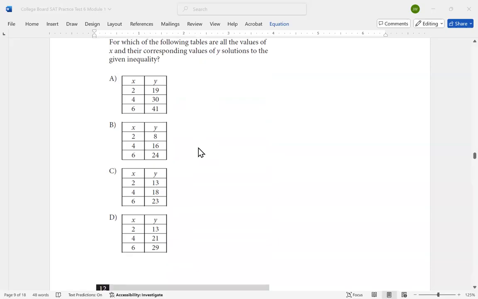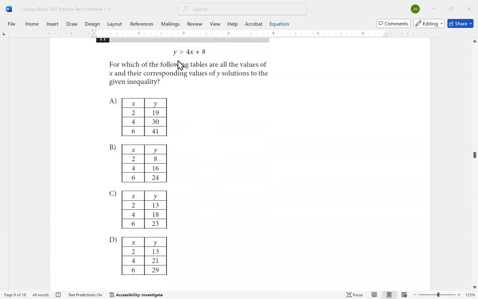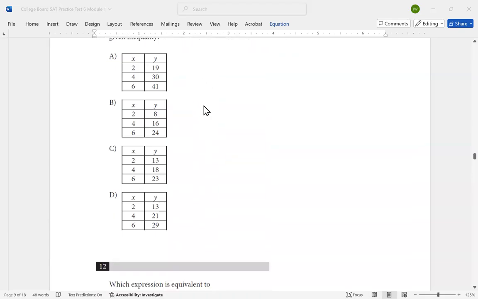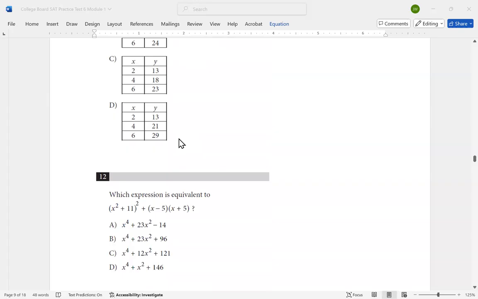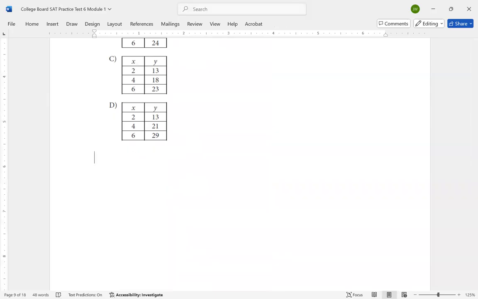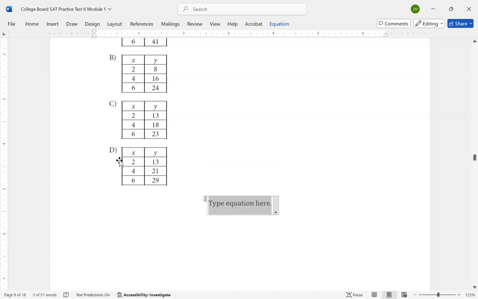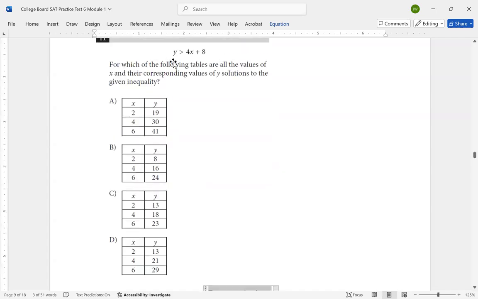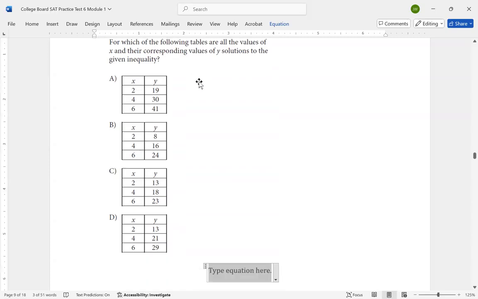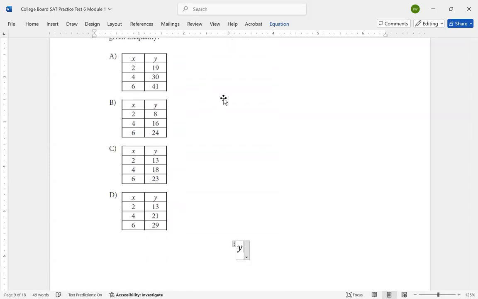Now it turns out that we have y greater than 4x plus 8. Remember here, we're going to plug the x values into the x and the y values into the y.